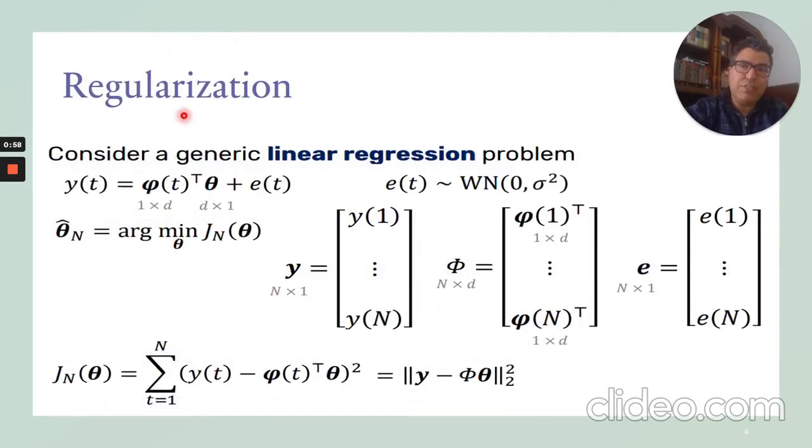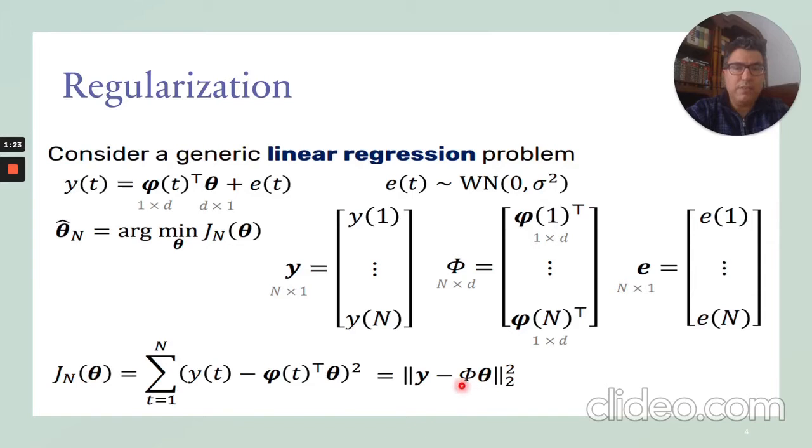If we take this linear system for a static system, where e(t) represents white noise with mean zero and covariance matrix sigma squared times identity, and we write this equation in vector and matrix form, then the goal is to estimate theta by making this cost or loss function as small as possible.